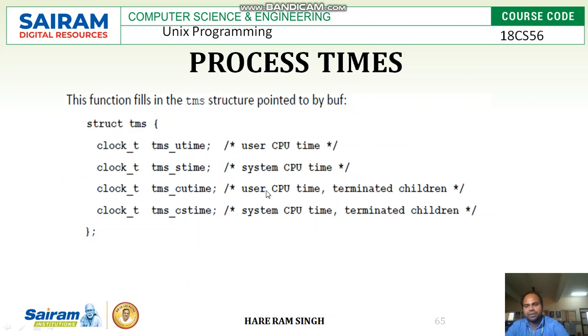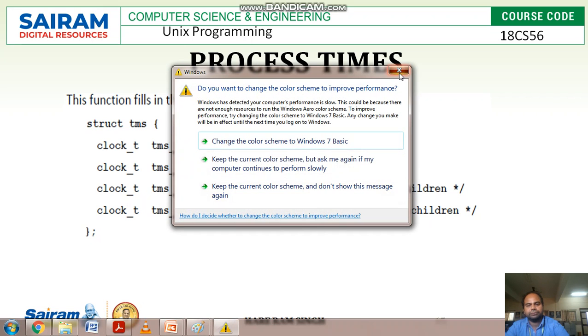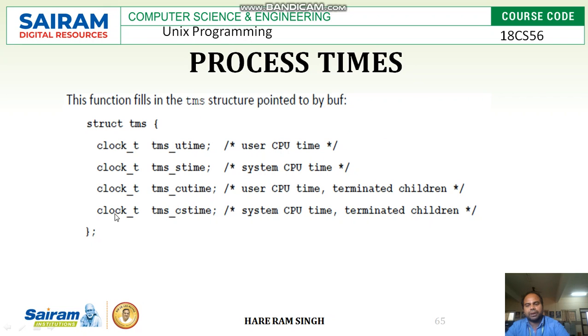The one argument we have passed here is the tms buffer. What is tms? tms is a structure which has four different values: clock_t tms_utime, clock_t tms_stime, clock_t tms_cutime, and clock_t tms_cstime. Here tms_utime is the user CPU time, tms_stime is the system CPU time, tms_cutime is the user CPU time of terminated children, and tms_cstime is the system CPU time of terminated children.